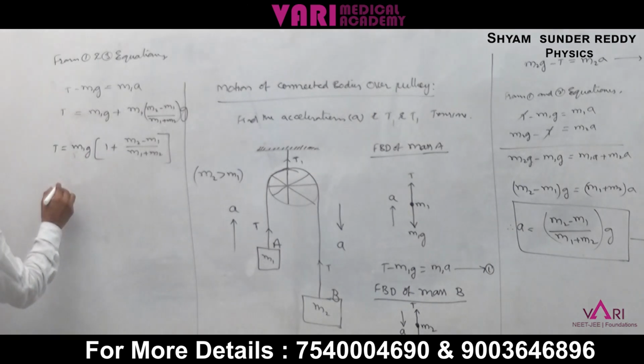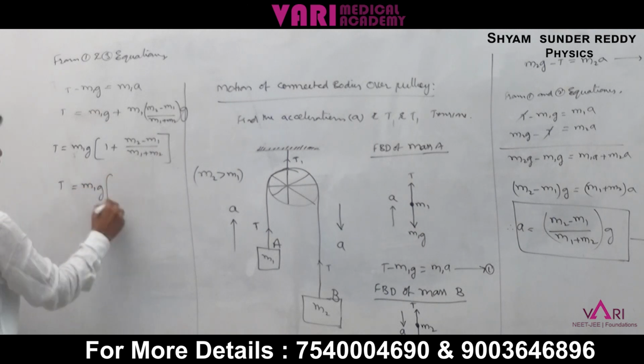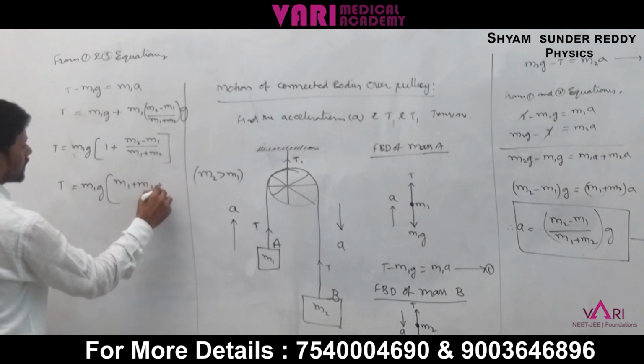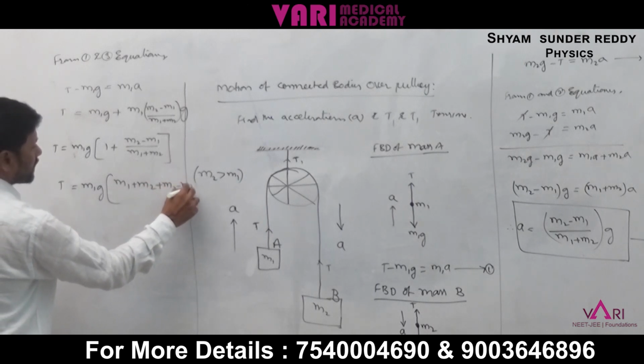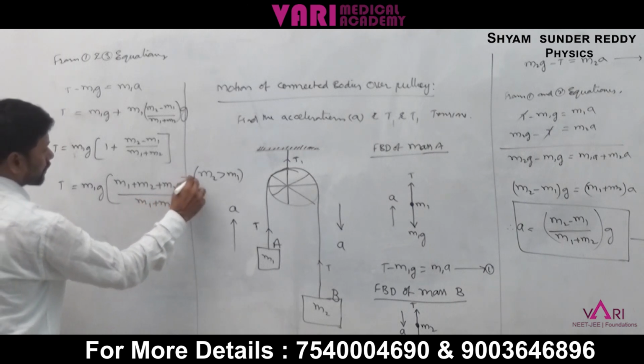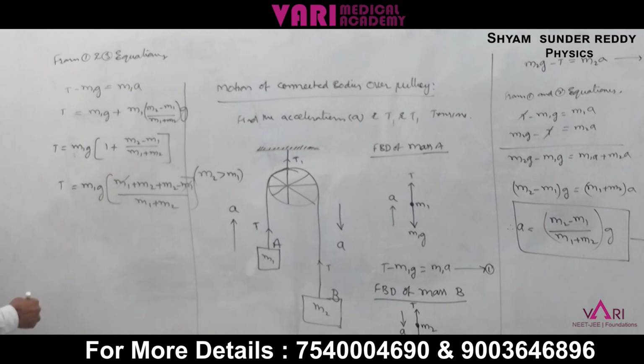Take LCM. T is equal to m1g into m1 plus m2 plus m2 minus m1 by m1 plus m2. Look at this, m1 minus m1 gets cancelled, leaving 2m2.